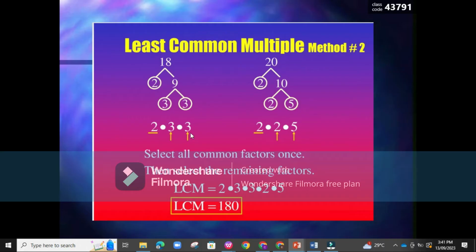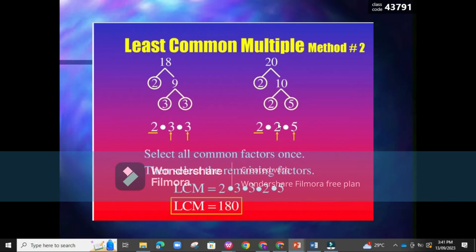2 times 5. Select all common factors once. So 2 and 2. So these are common factors. Okay, it's a pair of 2. So you just write here 2 once. Then for 3, there's no common factors for 3 here. So you write all. So 3 times 3.